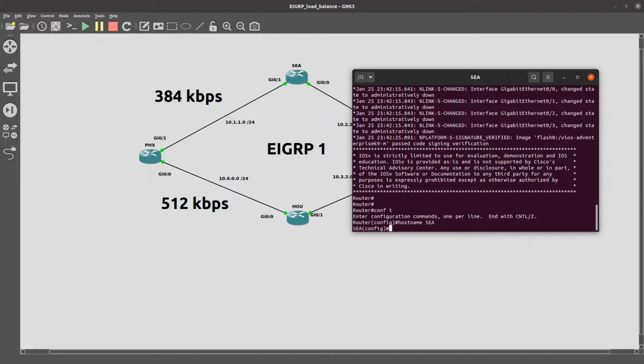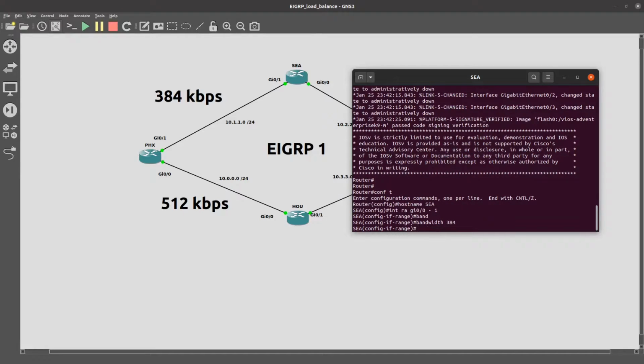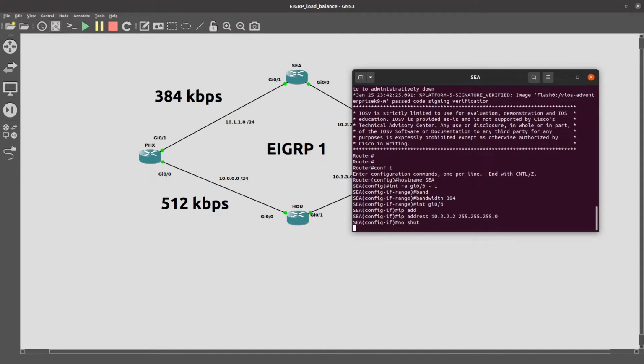Alright guys, so now we're on the Seattle router, and we're going to do the same thing we did on the Houston router. Let's just set the bandwidth now, since they're going to be the same. Gig 0/0 and 0/1, 384. Then we'll go into the individual interfaces and give them an IP address and no shut.